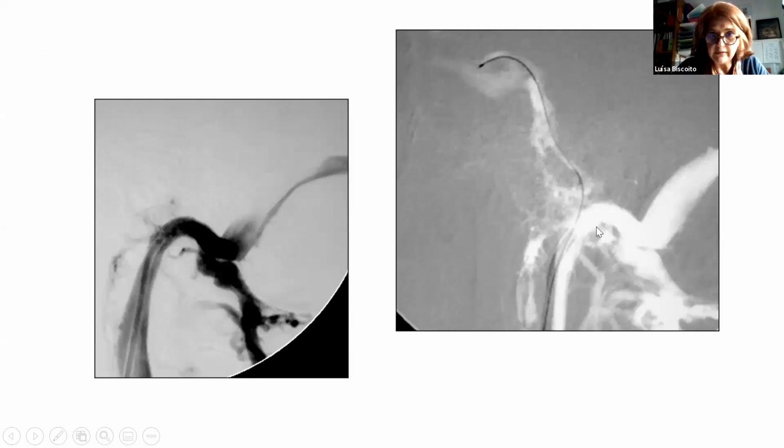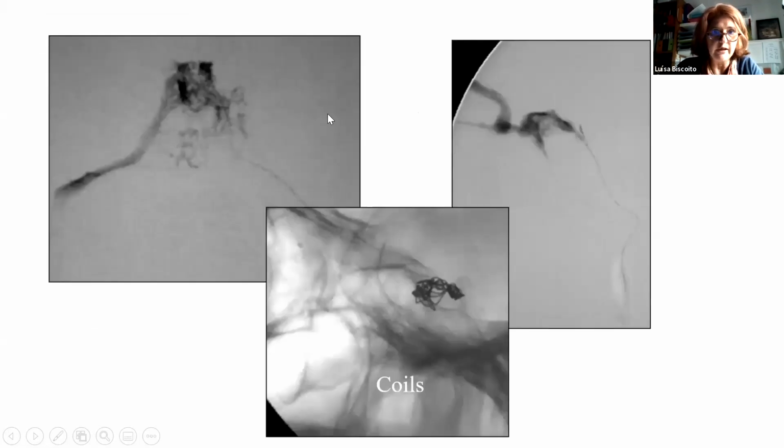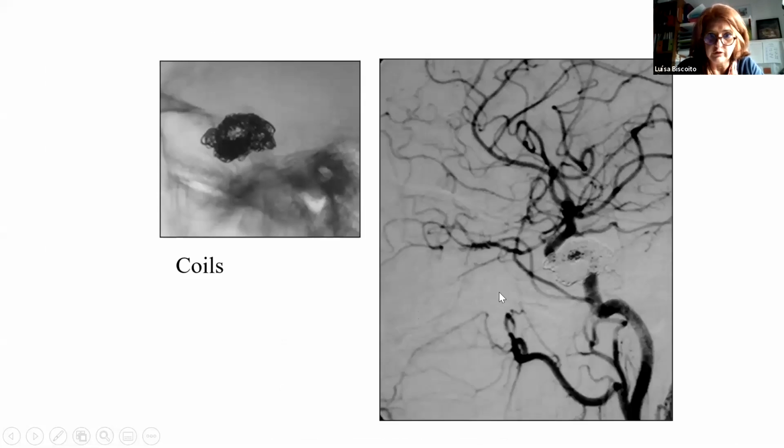Sometimes maybe it's a fresh clot inside the IPS. Of course, if the anatomy of the IPS is not favorable, we cannot reach the cavernous sinus, but we should try, because sometimes even if you don't see it, it is there, and we can catheterize like here, reach the cavernous sinus, put coils and exclude the fistula.